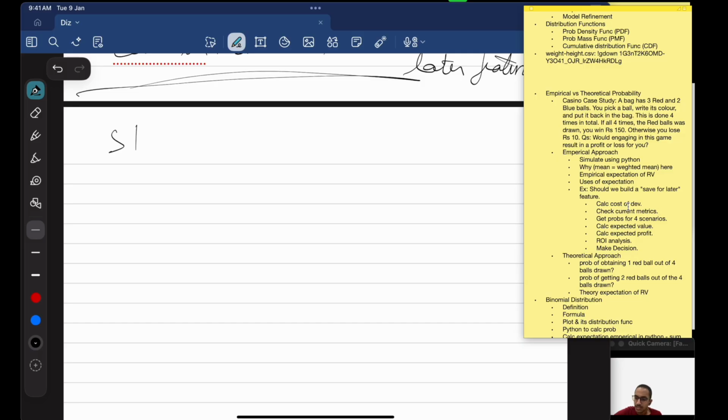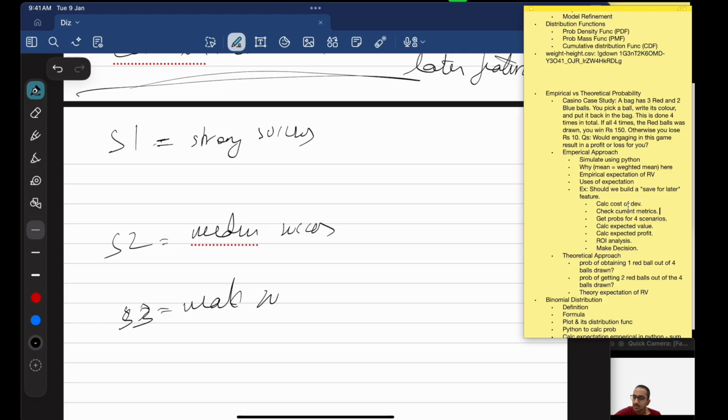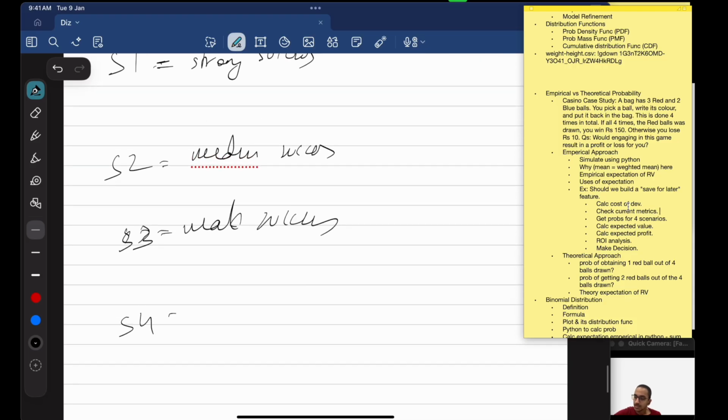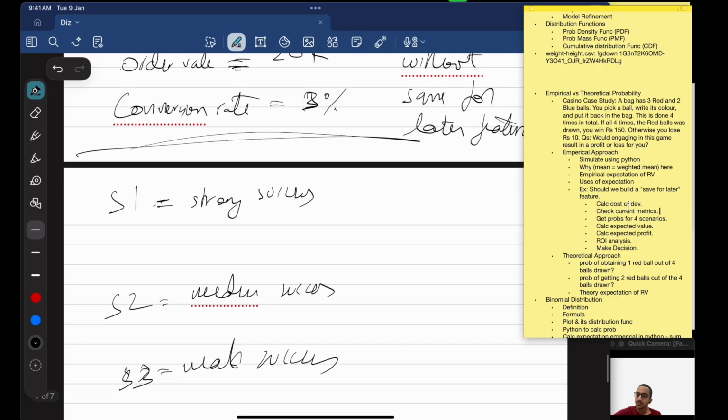Let's call it S1, Scenario 1, which is, there are some standard names, like a strong success. Then S2 will be medium success. S3 will be weak success. I mean, it's not just these 4. We are just taking these 4 scenarios right now. These are not the only names. And then S4 let's consider it as a failure. So in S1, what we are saying is strong success.